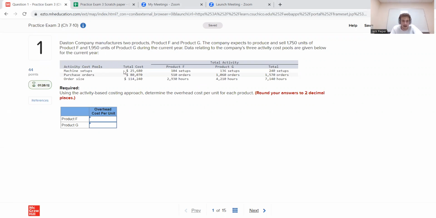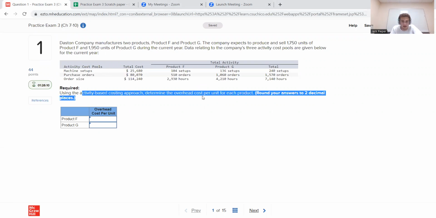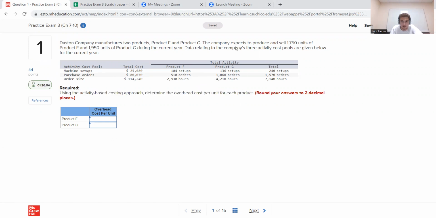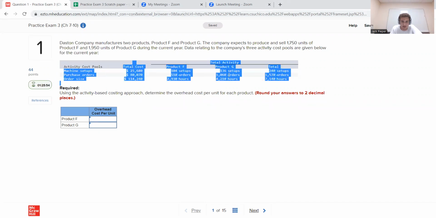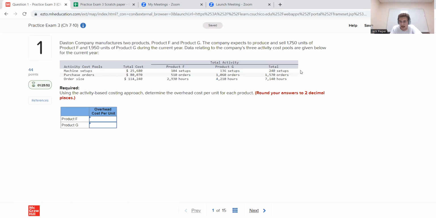And here we are calculating the overhead cost for each product using the activity-based costing approach. What's different about the activity-based costing approach as opposed to a plant-wide predetermined overhead rate is that under a plant-wide rate, we would take all of our overhead divided by a certain amount of hours or something, and then allocate it based on that.